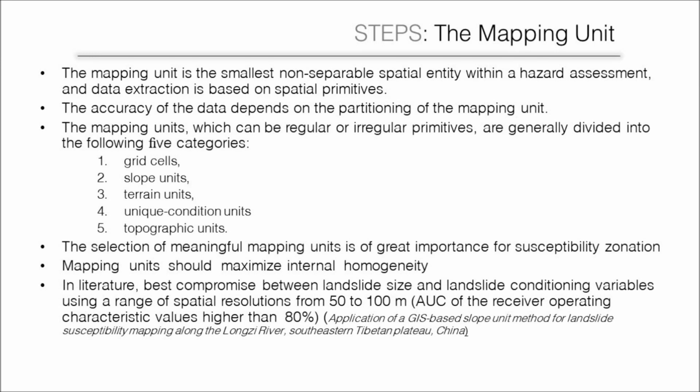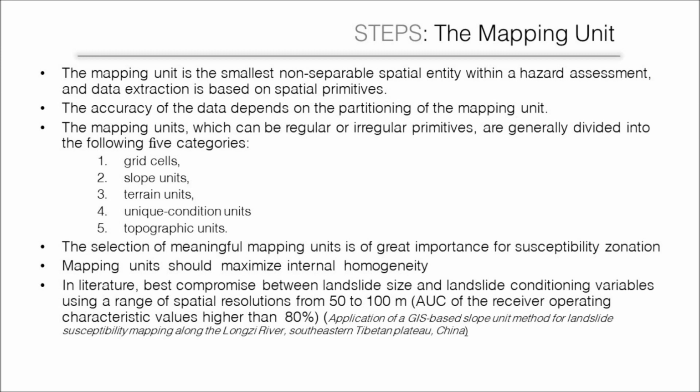So in the literature, the main five mapping units, represented by the most common ones, are the grid cells, slope units, terrain units, unique condition units and topographic units.